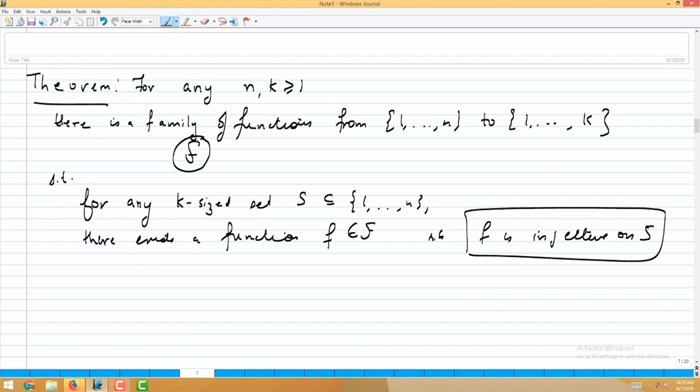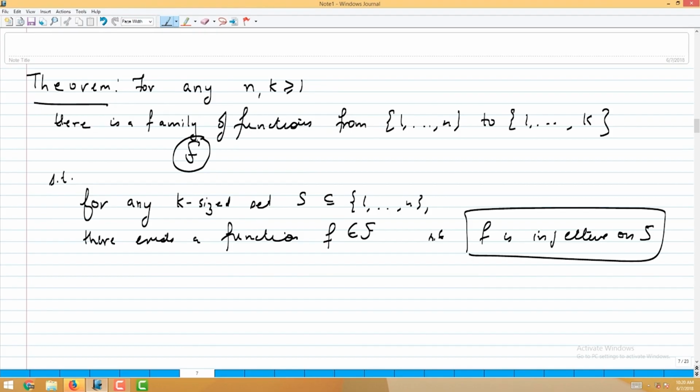Yeah, so see, the other vertices could get something else, right? Of course I can always give you a function that maps the set S injectively. I take the first vertex of S, map it to 1, second vertex of S, map it to 2, kth vertex of S, S is a k size subset, map it to k, and for the other vertices I don't care.